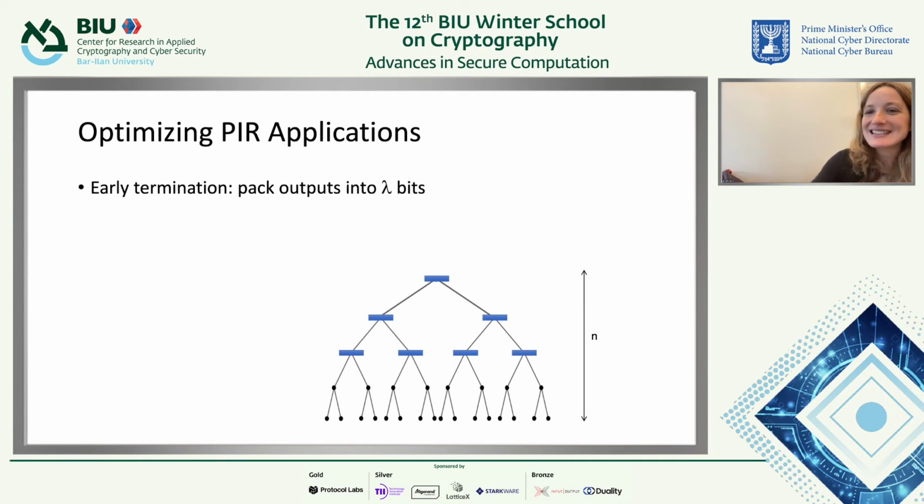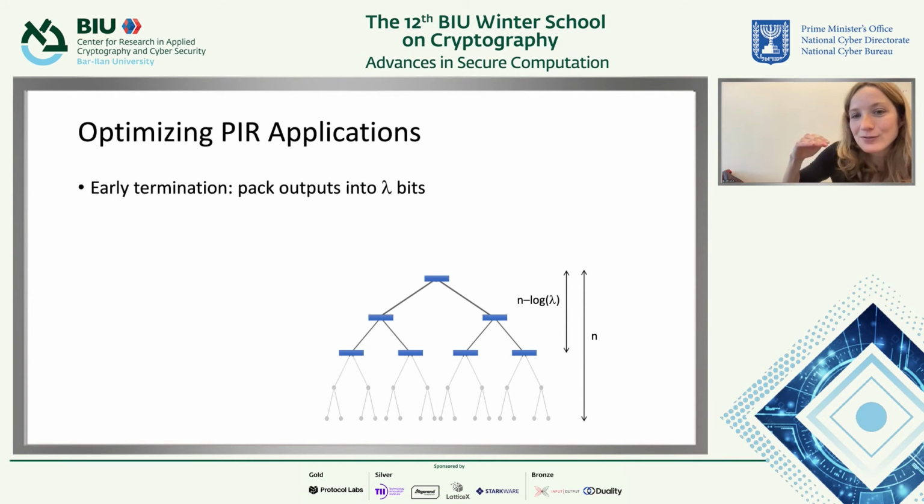So effectively, instead of going all the way down to depth n, I can trim off the final log lambda layers, because in each of these intermediate leaves I already have lambda bits.